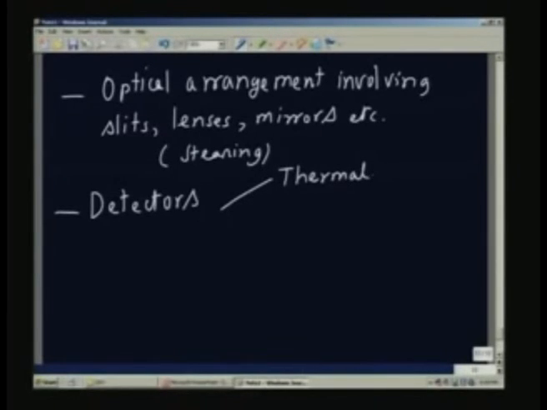We talked about a set of thermocouple junctions being used in the form of a large number of hot and cold junctions, when we were talking about heat flux measurement. So, thermal measurement means the effect of the radiation will be to heat something, and that temperature is going to be measured, and from this I am going to find out the amount of radiation which is falling on it.